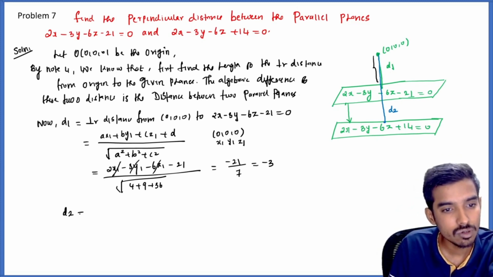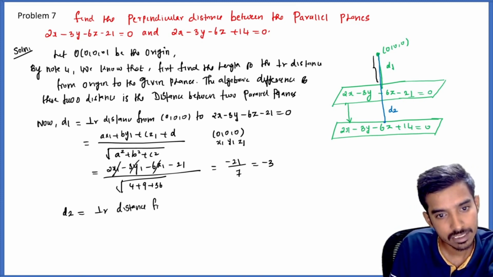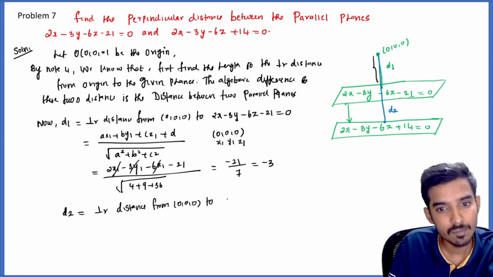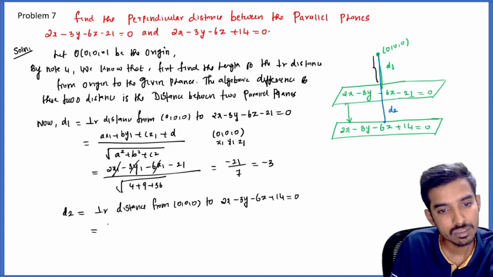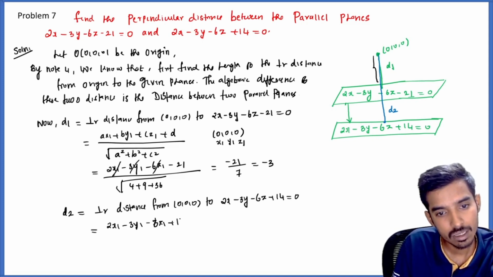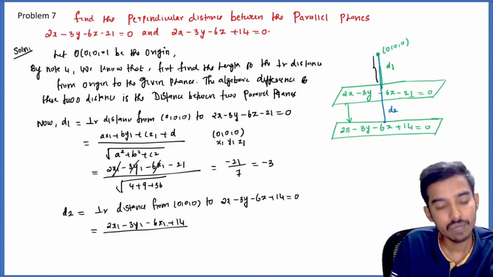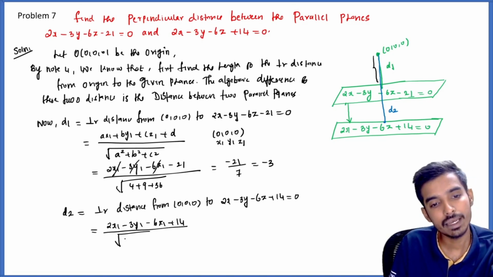Now what is d2? d2 is the perpendicular distance from (0, 0, 0) to the second plane 2x minus 3y minus 6z plus 14 is equal to 0. Therefore, this is (2x1 minus 3y1 minus 6z1 plus 14) divided by root of a square plus b square plus c square.